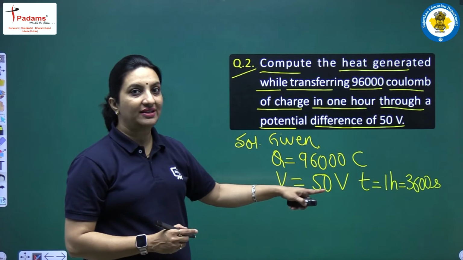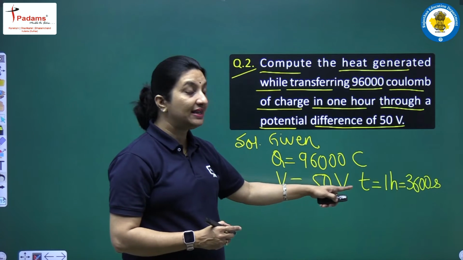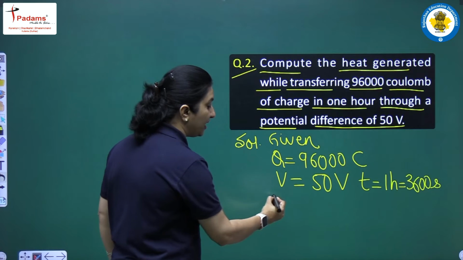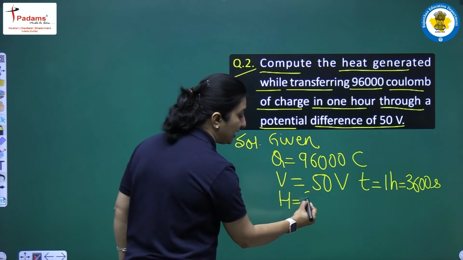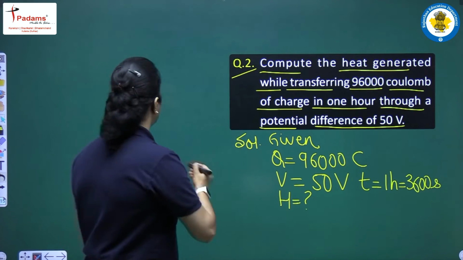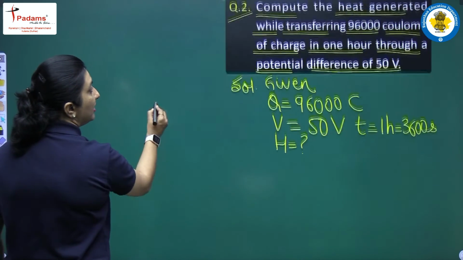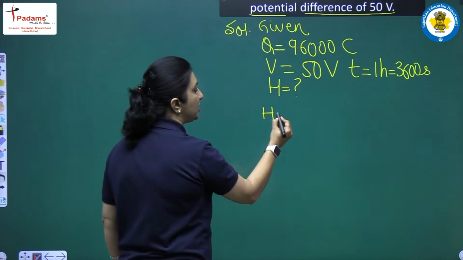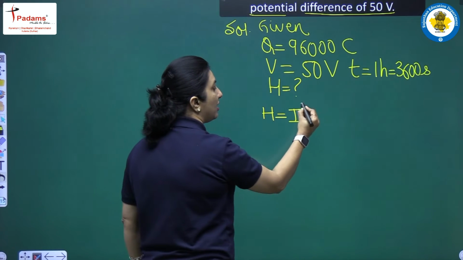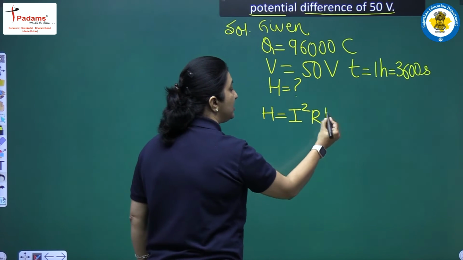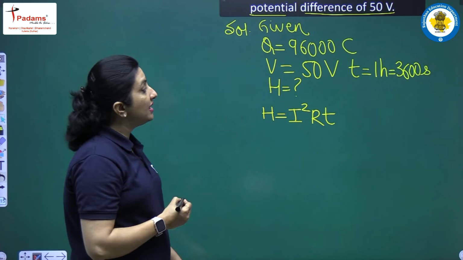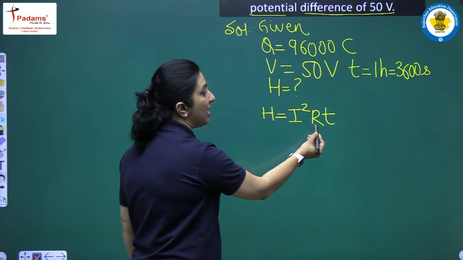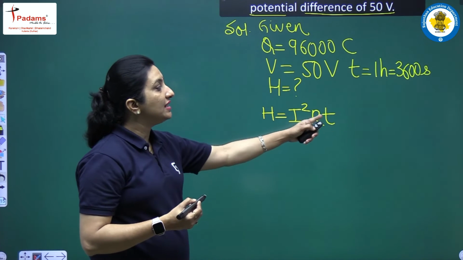Now we have calculated this many times, that is why I have written it directly that 1 hour is equal to 3600 seconds. Now what we need to calculate here is students, we need to calculate the heat produced. So we will calculate the heat produced by using the formula H is equal to I square R T. But what we see students here is that we are not given I, we are not given R and we are given only T here.